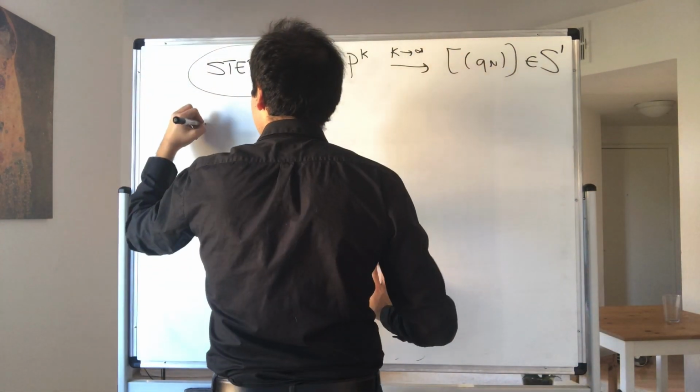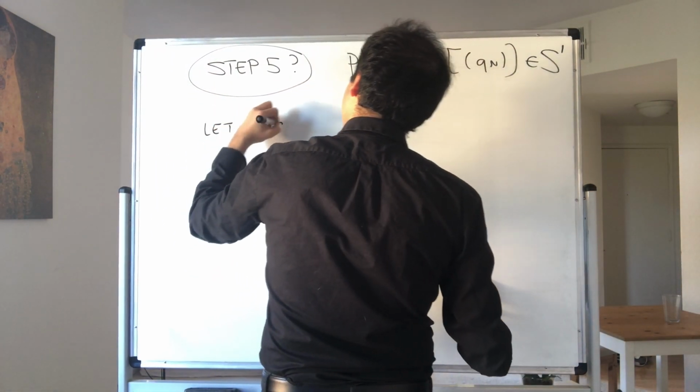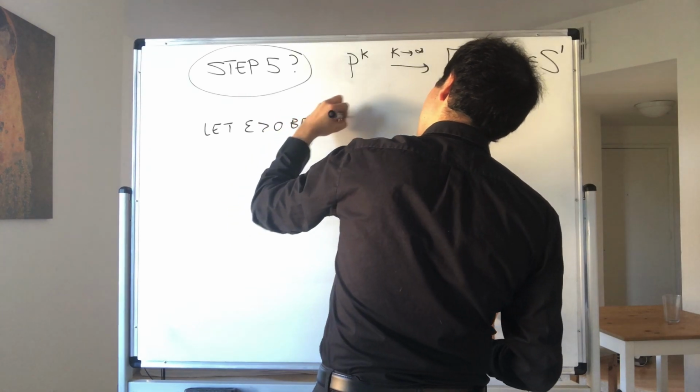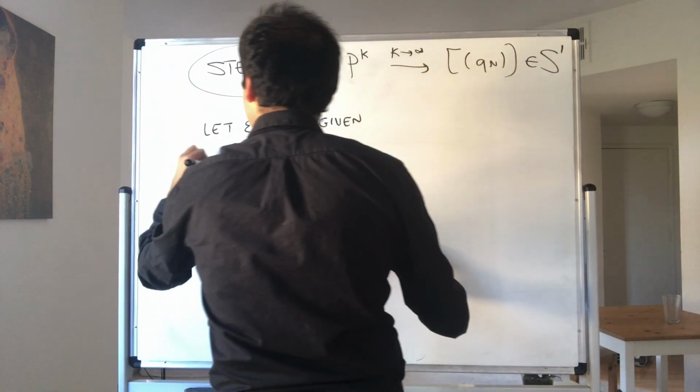No pun intended. But now, let epsilon be given. Then use the fact that Qn is Cauchy.